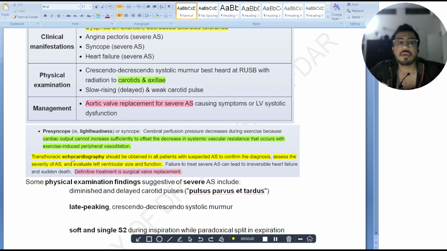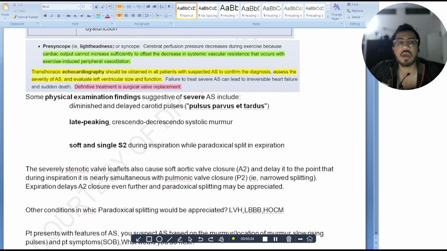So as I told you, transthoracic echo is gonna be done in all patients who are suspected to have AS to confirm the diagnosis and assess the severity of AS. That's also another reason. Definitive treatment is surgical valve replacement. Now, what are the physical examination findings of severe aortic stenosis?